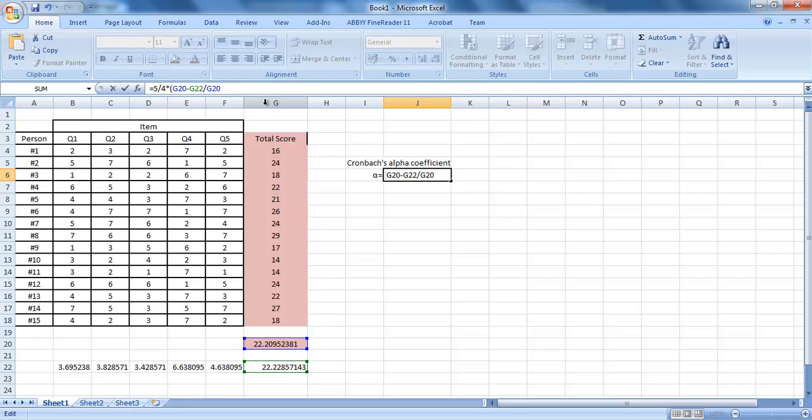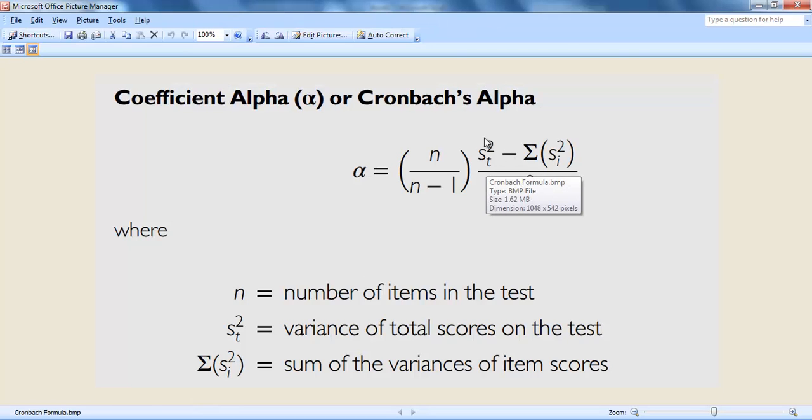So I need to enclose the entire numerator. So look at the formula. I'm going to enclose this in a pair of parentheses, or otherwise, since the computer is following the hierarchy of operations, just like in algebra, the computer will divide this with this and not the whole of this numerator. So we need to enclose this whole in a pair of parentheses.